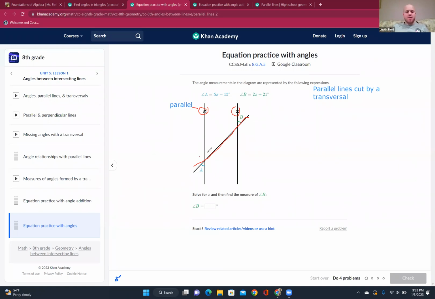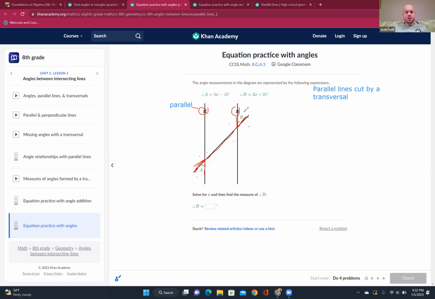Now we actually have other angles here. They're not all labeled. If you count them, you should count 8, right? Well, what do you think is the relationship between A and B? You might say, I don't know, or you might say they're congruent, they're the same. You might say they're both acute.